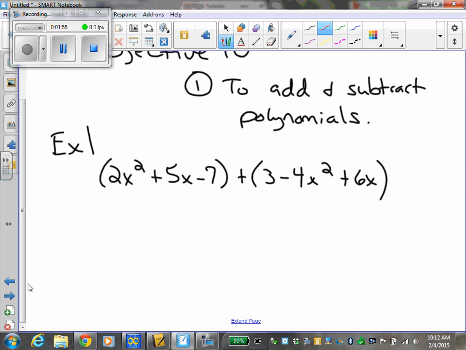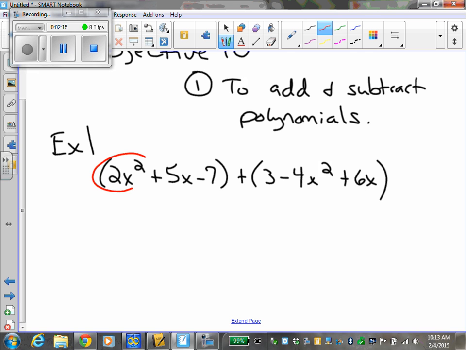Now, I'm going to show you kind of what we're doing here. Everybody agree we've never done this before? Because this is new to us, we are actually going to organize it and set it up and show a lot of work. But I want you to understand it's not as hard as you think.